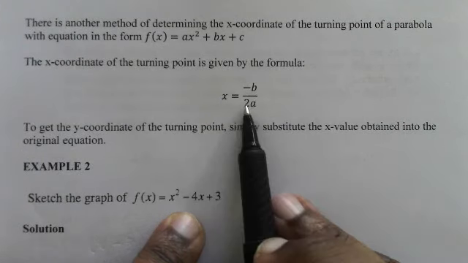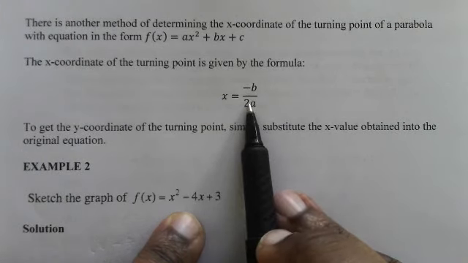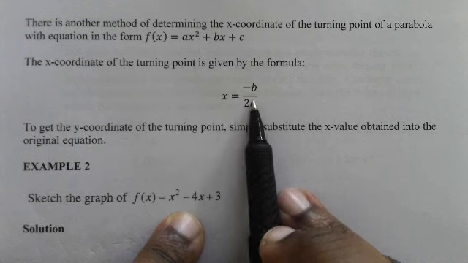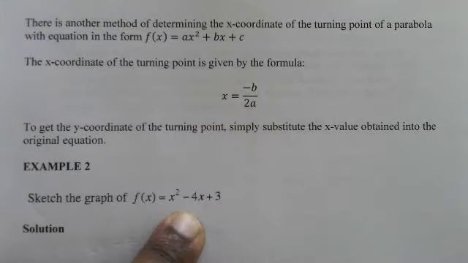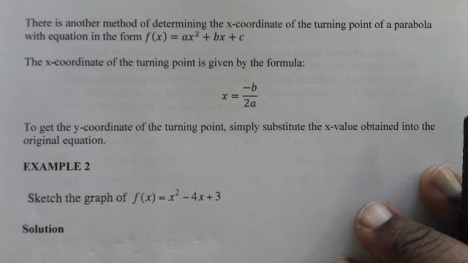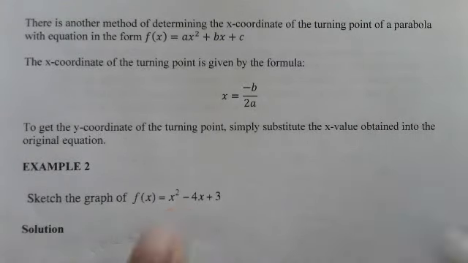When you find that, that will be the x value of the axis of symmetry. To find the y coordinate, substitute it into the original f and get the y coordinate. It's much easier, isn't it? So that is another way in which you can find the turning point of a graph like this, in case you don't like completing the square.